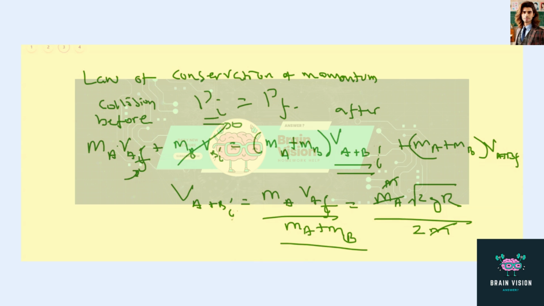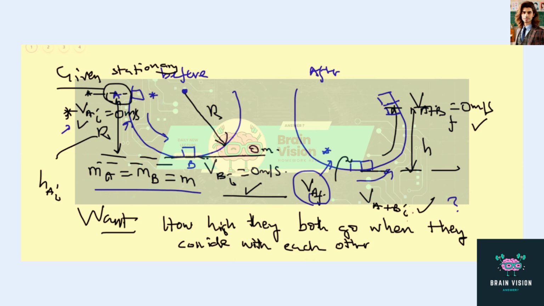And then we move on and use the law of conservation of momentum. Initial momentum of the system equals the final momentum. Initially, the total momentum of the system for A is mA vA final, just before collision. But the initial velocity of B is zero because it's sitting still.